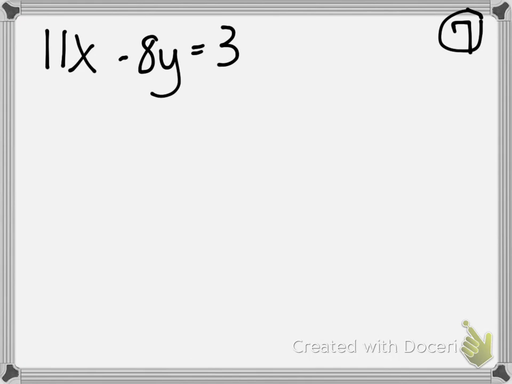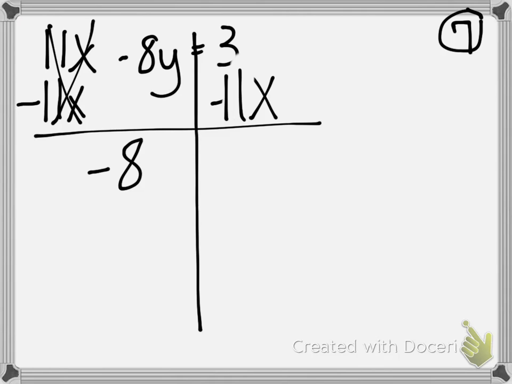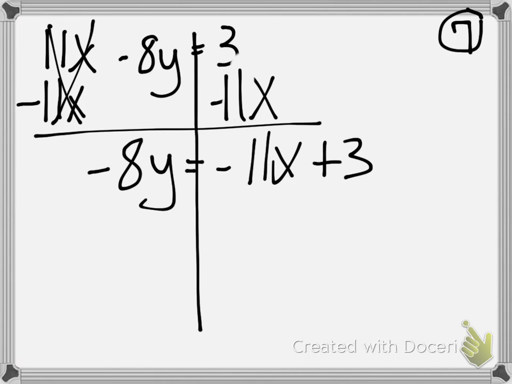Number 7. Draw my line. I've got to get rid of 11x, and I've got to get rid of negative 8 in front of the y. So I need to subtract 11x from both sides. Negative 8y equals negative 11x plus 3. Okay.